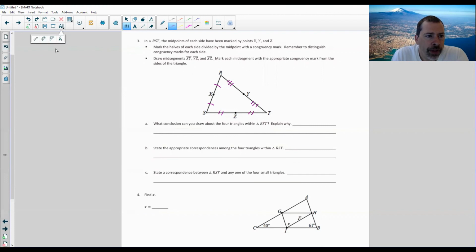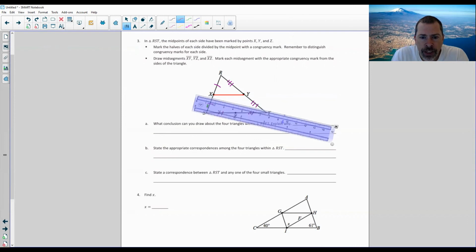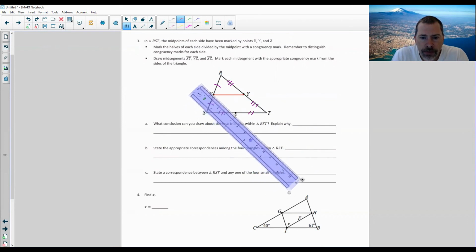Alrighty, so let me get my ruler. And I will put this right there and draw the mid-segment XY. And then I will rotate my ruler and draw XZ. Like so.